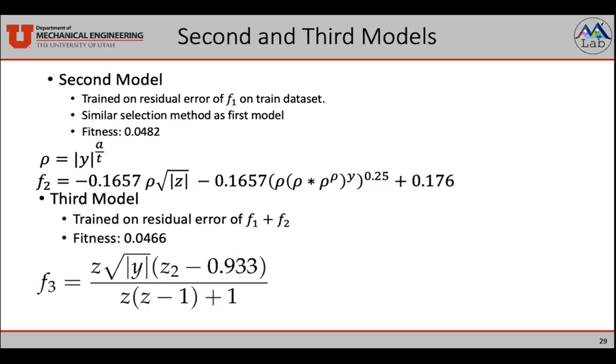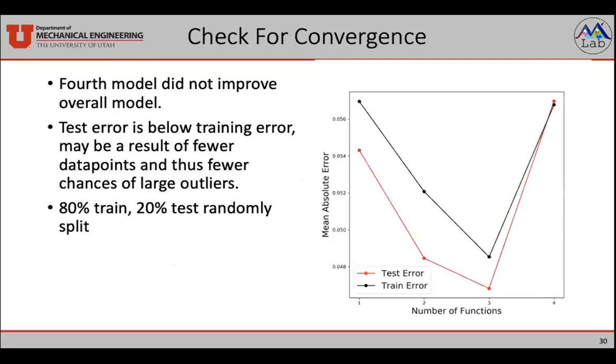And with this, we were able to get the fitness down to 0.048. And subsequently, with the third model, we were able to lower it a little bit even further. And we can show that that lowered it for both the training data and the test data here.